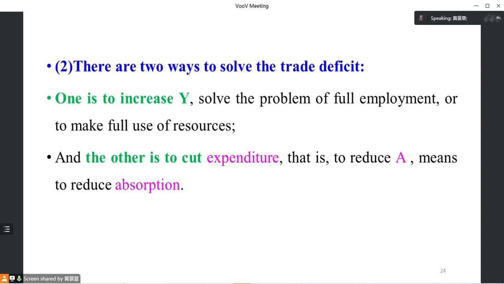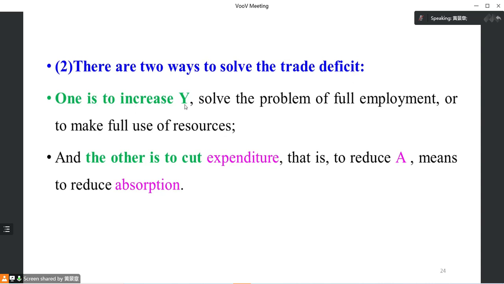But in the status of a trade deficit, the country can have two methods to solve it. So we should know there are two ways to solve the trade deficit.